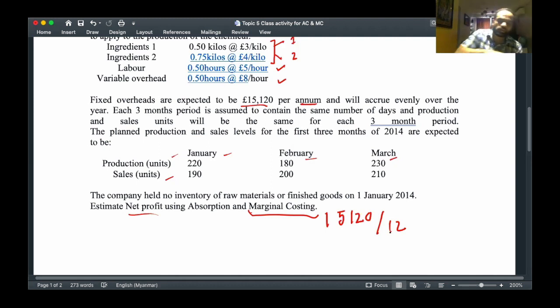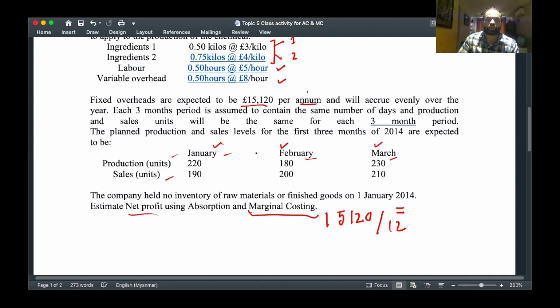So 15,120 divided by 12. Oh, we calculate by month. So why did you get 1140? I think we have to simply divide it by 12, because we are calculating January, February, and March.